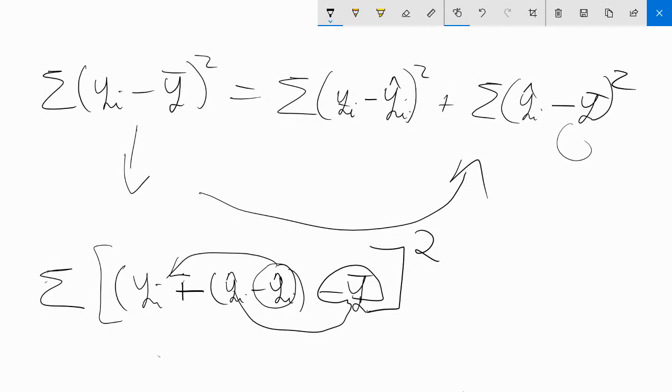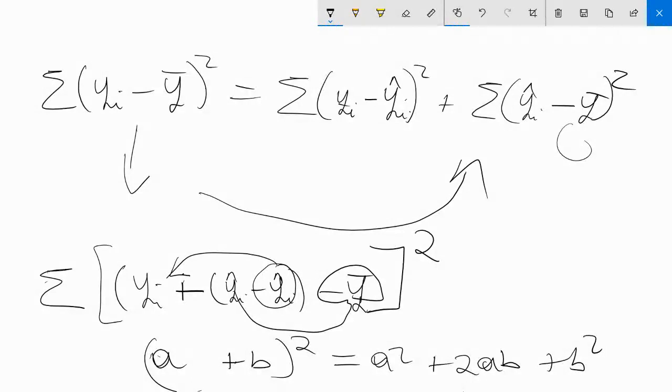And this is sort of a plus b all squared, and this will be equal to a squared plus 2ab plus b squared. So our ab is these terms. Our ab is going to be yi minus yi hat, and this will be our ab.